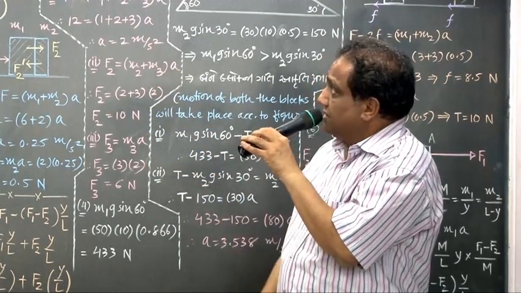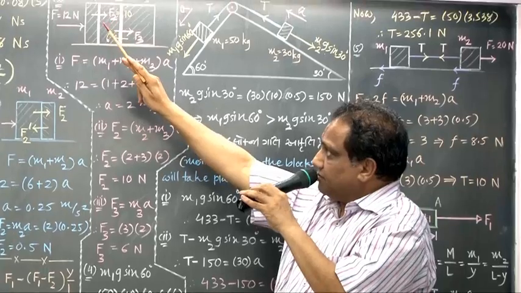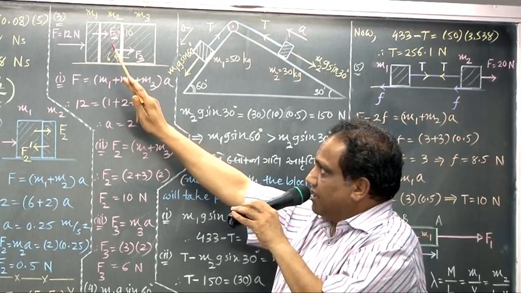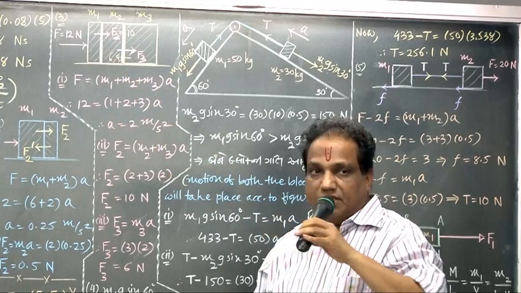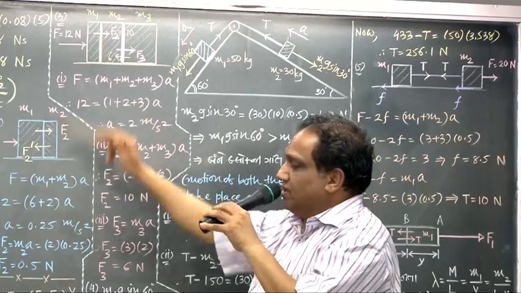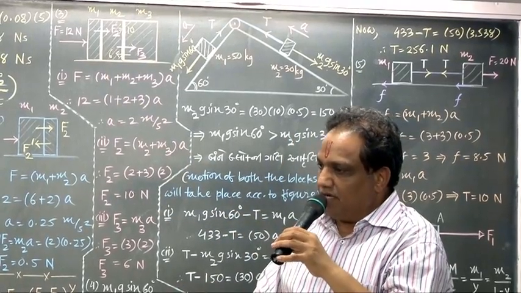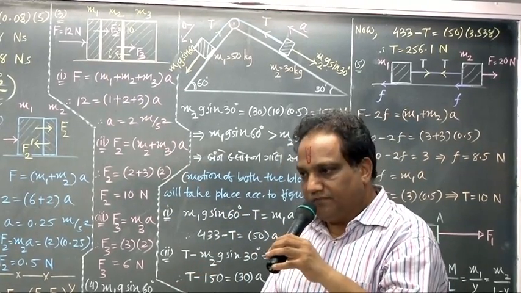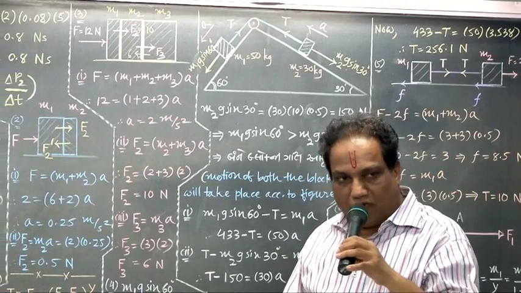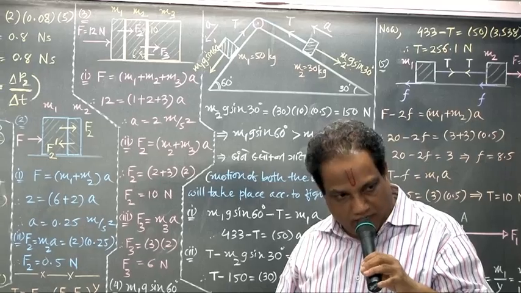They may ask, find out resultant contact force exerted on first, exerted on second. Suppose they ask, then tell me, what is exerted on first? Simply find m1 into a. What is m1? 1. What is a? 2. 1 into 2 is 2.